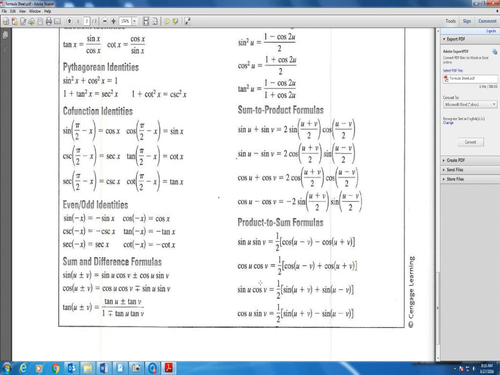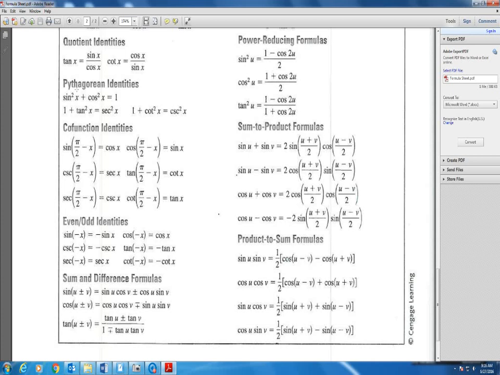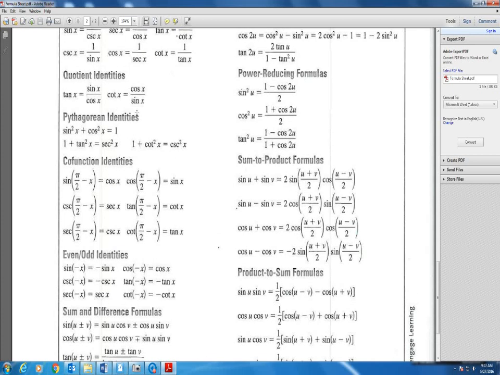Pythagorean theorem identities, got to watch out for those. Quotient identities. So we can do a little bit of manipulation when we're dealing with trigonometric functions. Just look out for those.